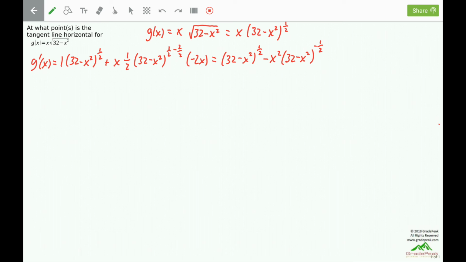Since we have a negative exponent, we're going to want to rewrite that by putting it in the denominator of that term. So we have 32 minus x squared to the 1/2 minus x squared over 32 minus x squared to the positive 1/2, now that it's been moved to the denominator.